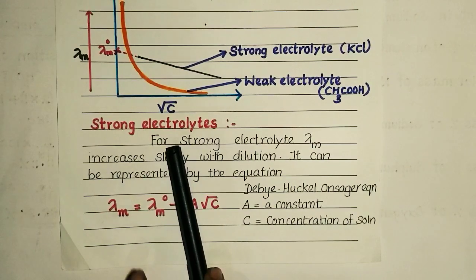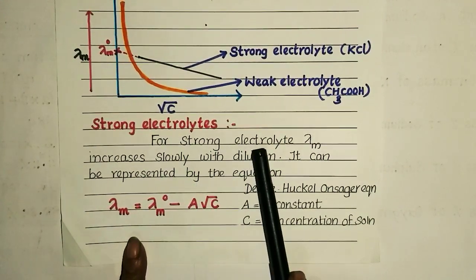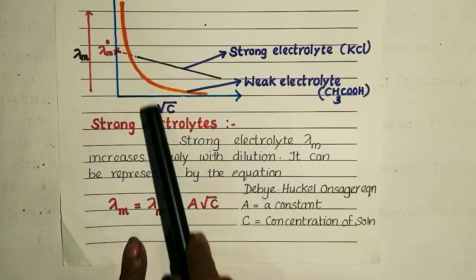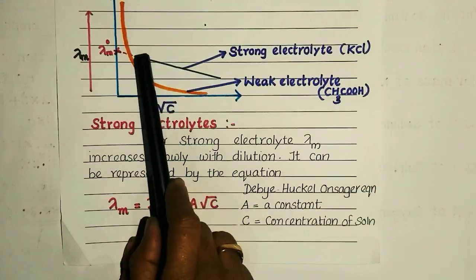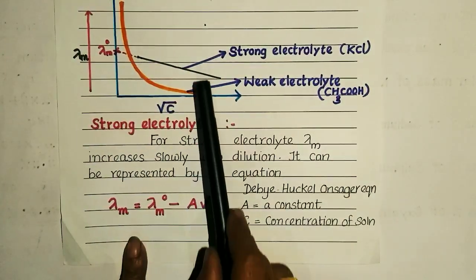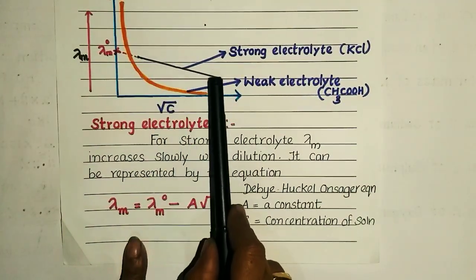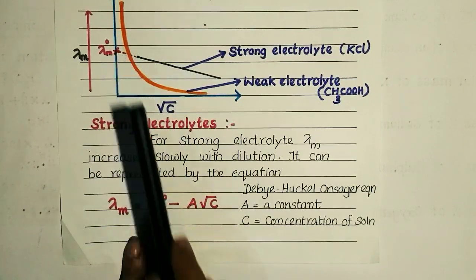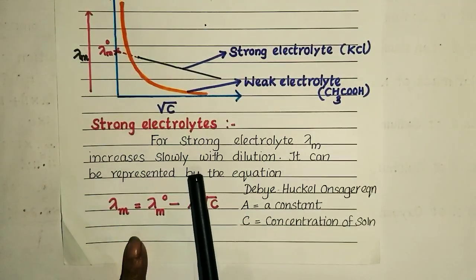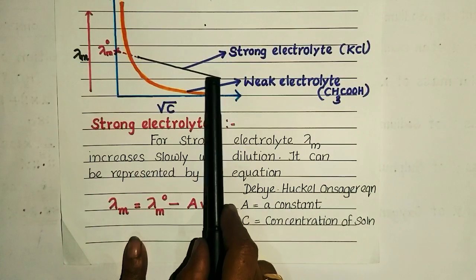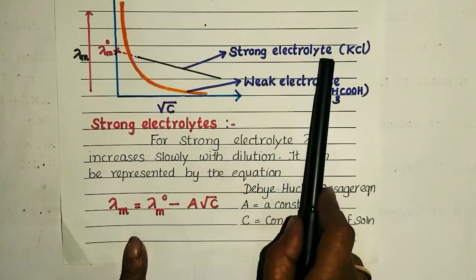In the case of strong electrolytes, the molar conductivity increases slowly on dilution. You can see in the graphical representation that it increases slowly on dilution. This is a straight line graph in the case of a strong electrolyte.